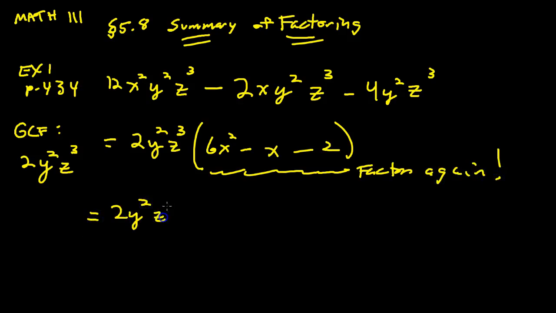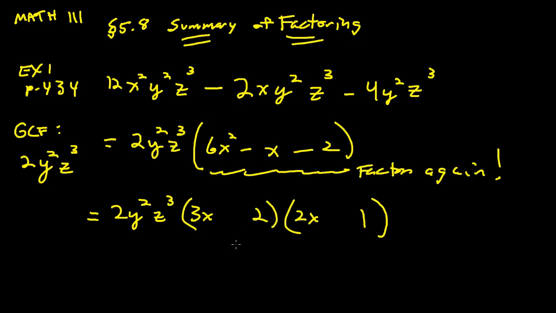2y squared z cubed times, let's see, I believe this is going to factor as a trinomial factoring. I think if we put 3x and 2x in the first slots, I can then play with the possible factors of 2. I'll need my inner and outer sum to add up to a negative x. And I think I can do that with a 2 here and a 1 here.